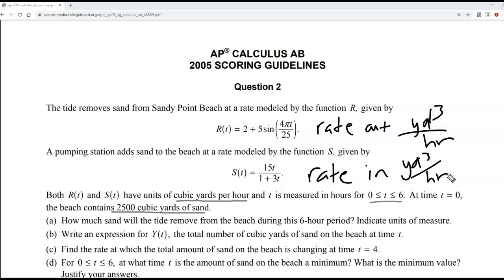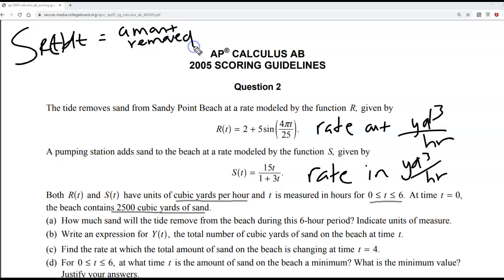Now, what does it tell me if I integrate R? Well, R represents my rate out in cubic yards per hour, but if I integrate that, that's going to multiply the time factor, and it's going to give me cubic yards. And so what it's going to tell me is the amount of sand removed over whatever time interval we're looking at. I'll just put A to B for now. It just tells us how much sand was removed, and that's going to be in cubic yards.